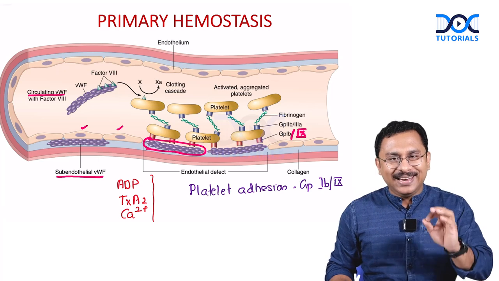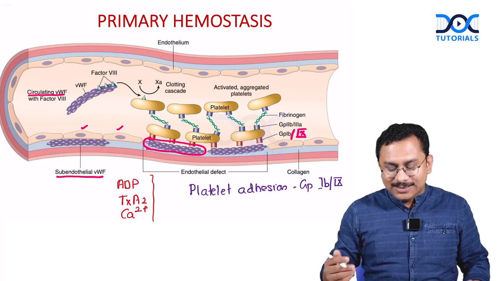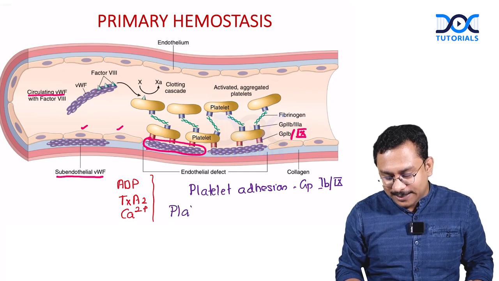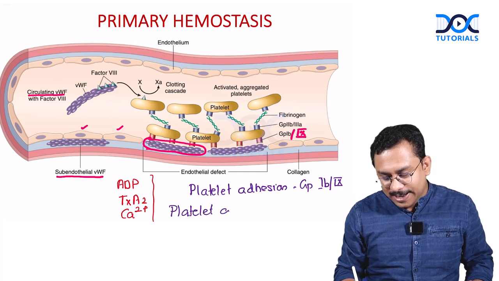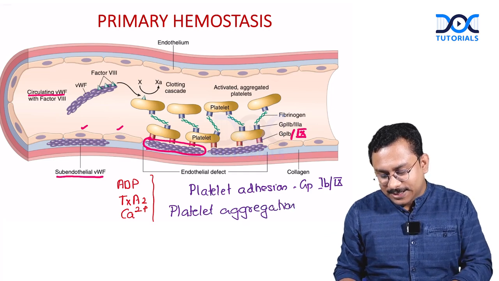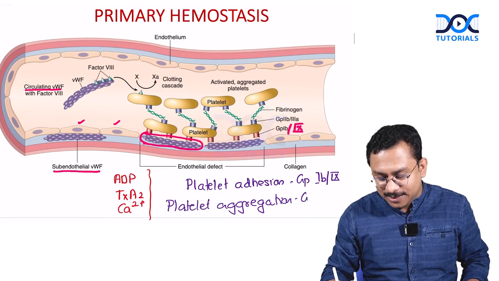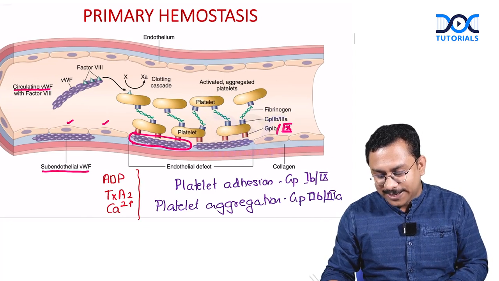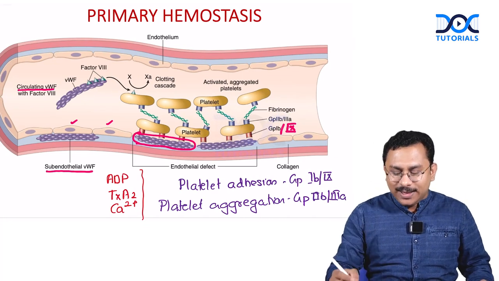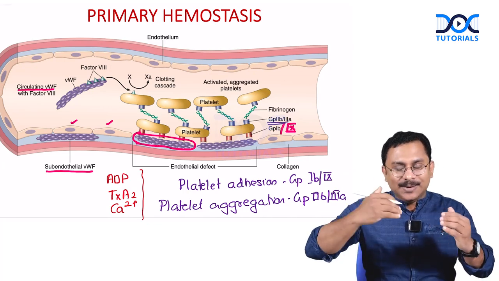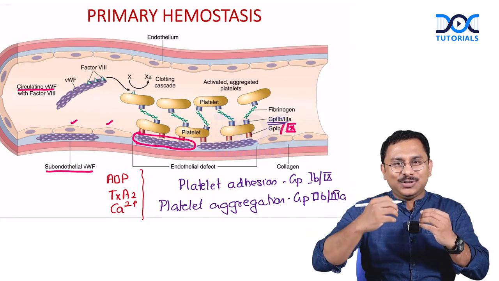So how does the platelet aggregation happen? You can see it is with a different receptor. Platelet aggregation takes place with the help of a receptor, glycoprotein 2B3A, and you can see that with this receptor GP2B3A, adjacent platelets are binding to each other.